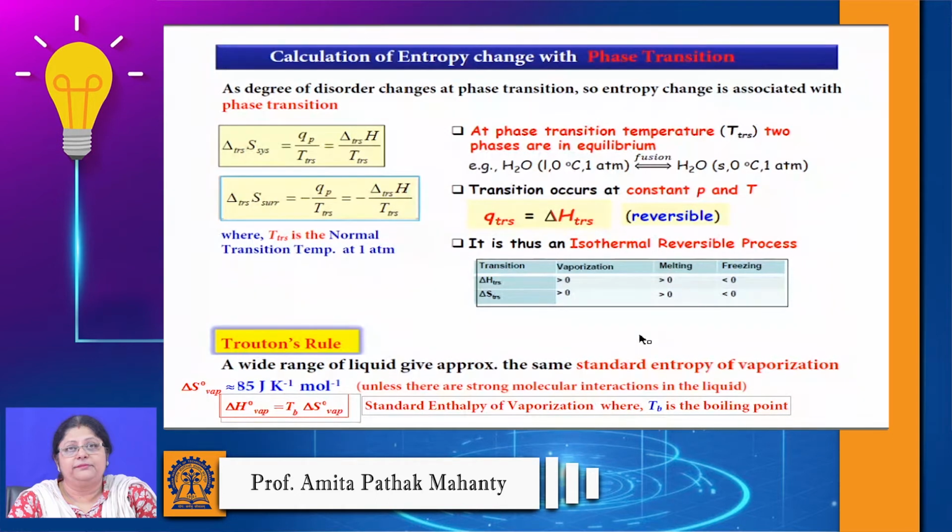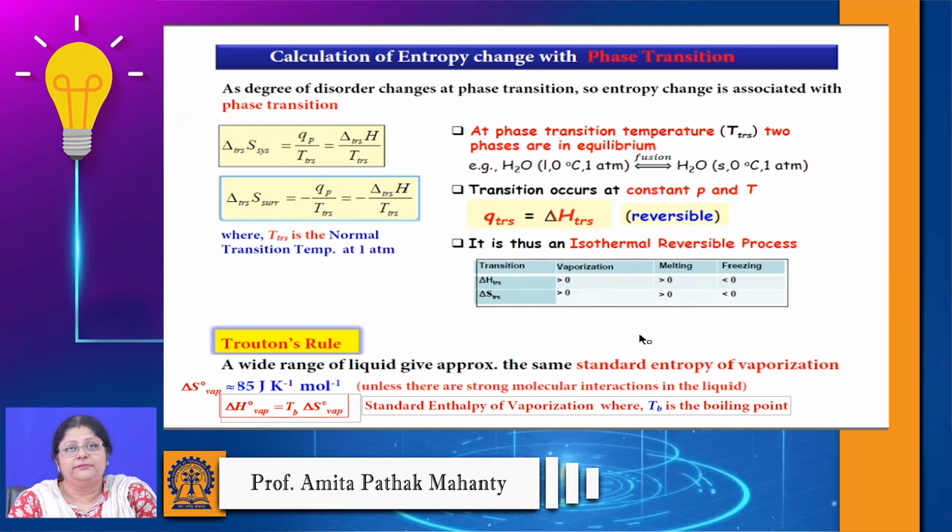Finally, what do you get? The two phases will be in equilibrium, right? If I have a transition from liquid to vapor state, suppose I'm boiling water, then the boiling water will be at equilibrium. The equilibrium is reached when we have a phase transition.